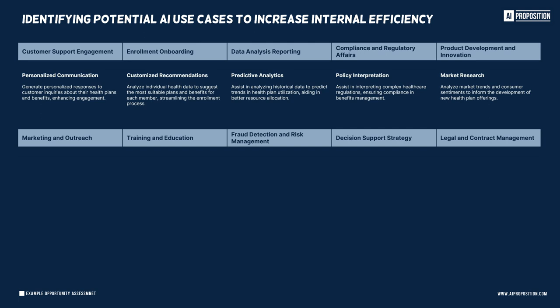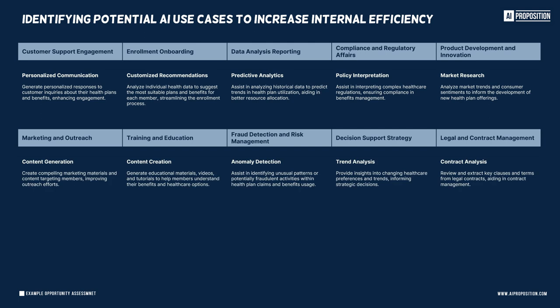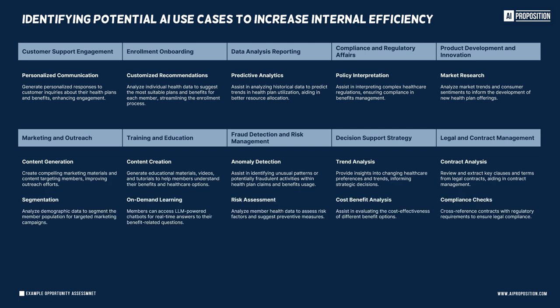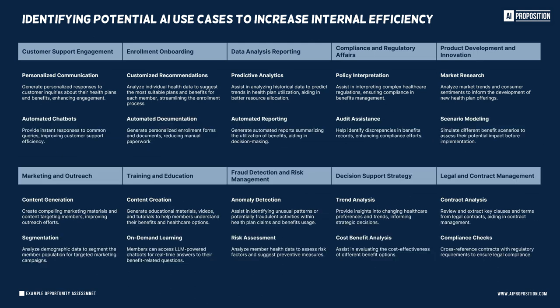So in this case, we build a portfolio of opportunities that are specific to the problem of overwhelming jargon and complexity, and help you decide which opportunity you should go after.